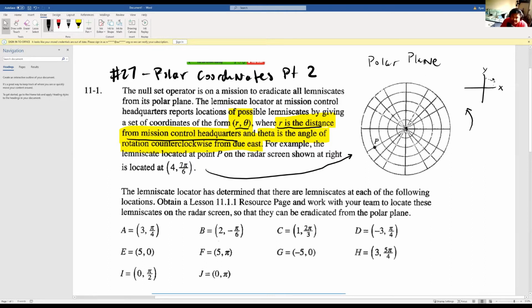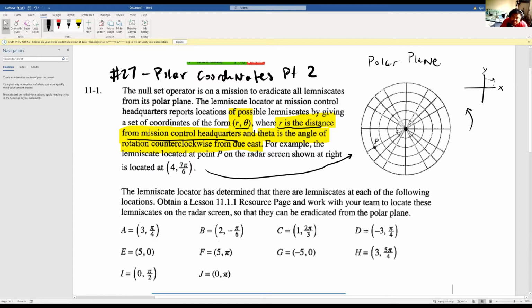Like I said in my last lesson, this is best used if I was positioning myself in a classroom. What I'm going to do is first face east, facing to the right. Then I'd spin and rotate counterclockwise until I've rotated 7pi/6, which is 210 degrees.